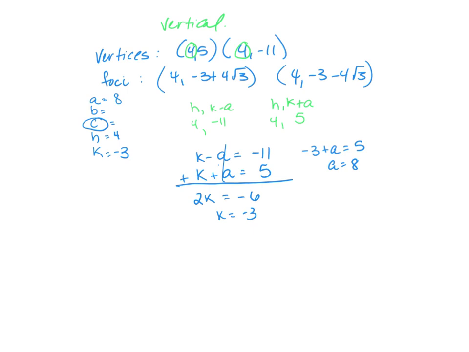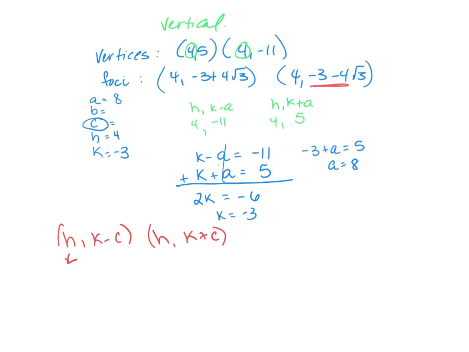So we know that the formula for the foci of a vertical ellipse is H, I'm going to change the color here so you can see, this is the foci, H, comma, K minus C, and H, comma, K plus C, right? Well, who's the smaller point of this? It would be this guy because it's got two negatives.